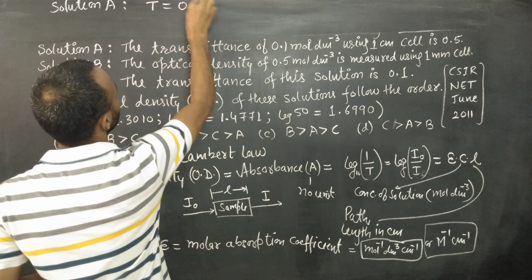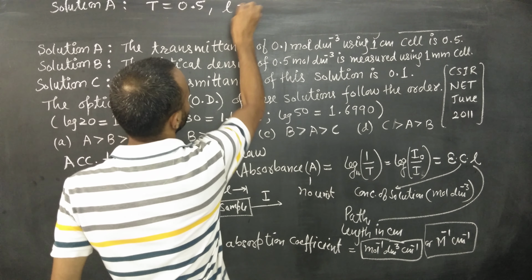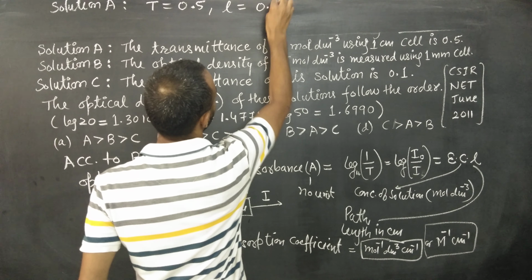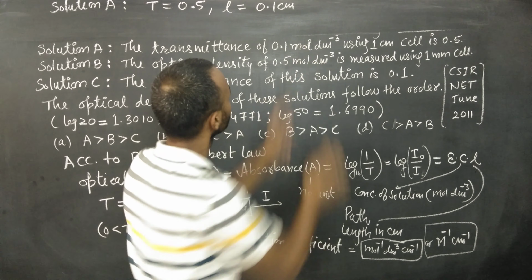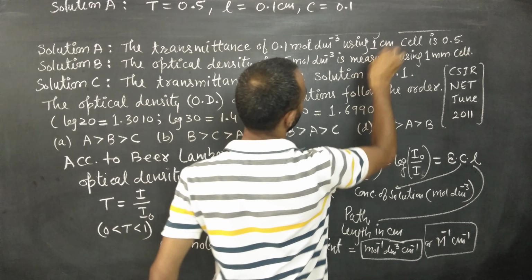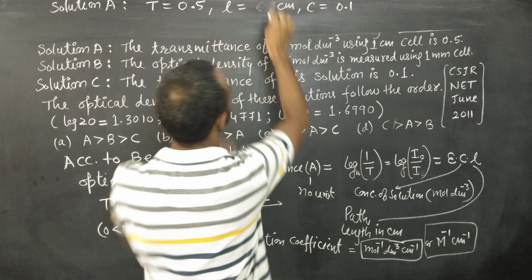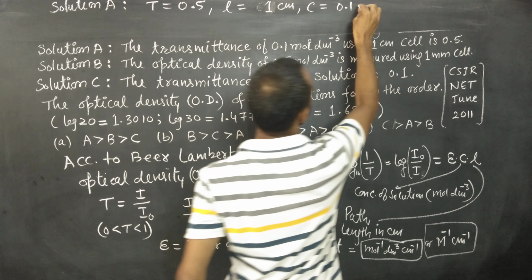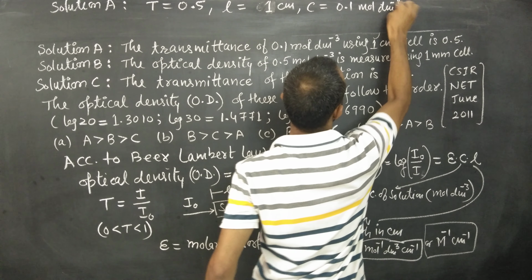Transmittance is 0.5. Path length is given, it is 1 centimeter. And the concentration is 0.1 mole per decimeter cube.